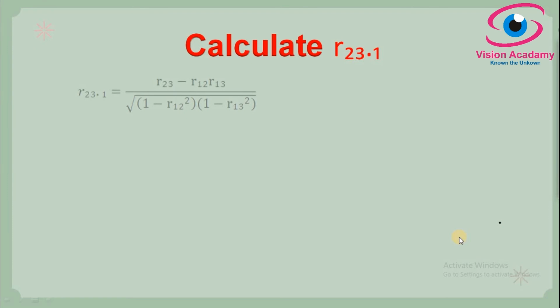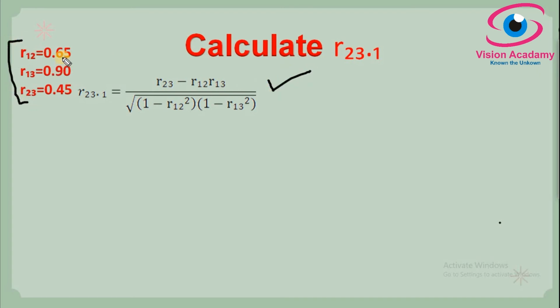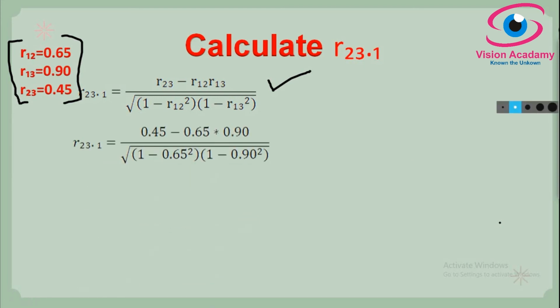So here I can go to the next slide. That is R23.1, the formula we require to apply for this option, and here we have the necessary information to replace in this formula. This information is given in the problem only. I have explained the formula in my last 2 videos, so I will go directly to replacing the values. R23 is given as 0.45, so 0.45, and R12 is 0.65, so 0.65 is replaced here.